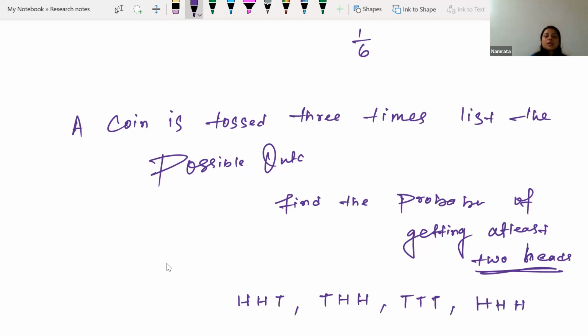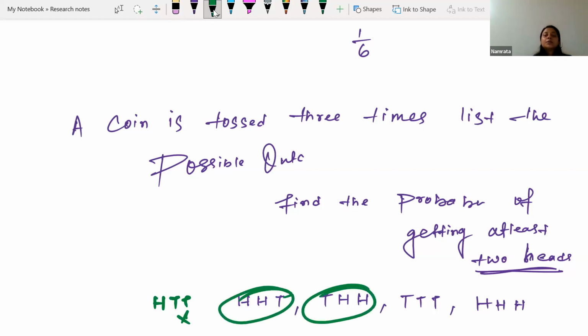Like this, a lot of different possibilities you are having, and you know how to list them down. Minimum two heads is required. Less than that is not acceptable. If one head and two tails are there, that is not acceptable. At least two heads is acceptable, and if all three are heads, that is also well and good. So how many favorable are there according to this?